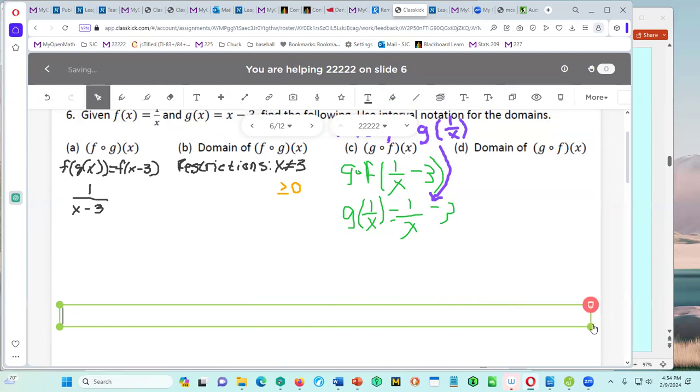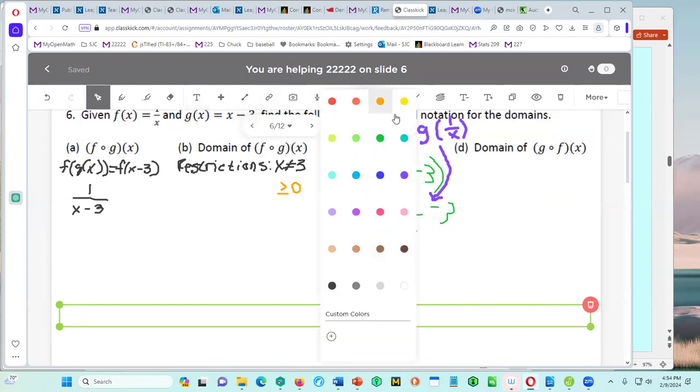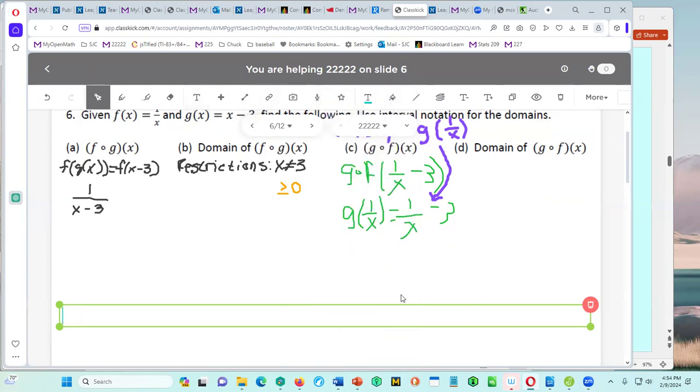Here's a definition. The domain of f composed with g of x is the set.